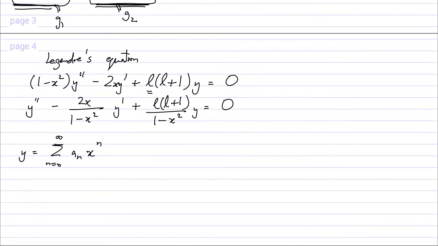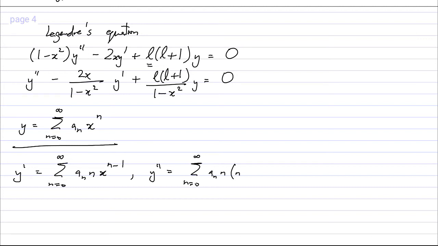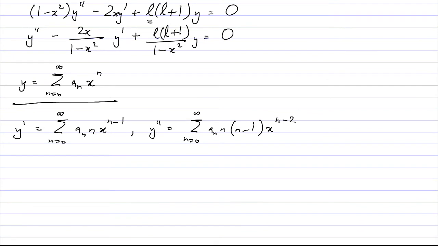So anyway, you assume this power series, and then you play around. Essentially you have y prime is equal to the sum from n is equal to 0 to infinity of n a_n x raised to power n minus 1, y double prime is equal to the sum from n is equal to 0 to infinity of n(n minus 1) a_n x raised to power n minus 2, right? Fine. And then you just plug these back into your differential equation.